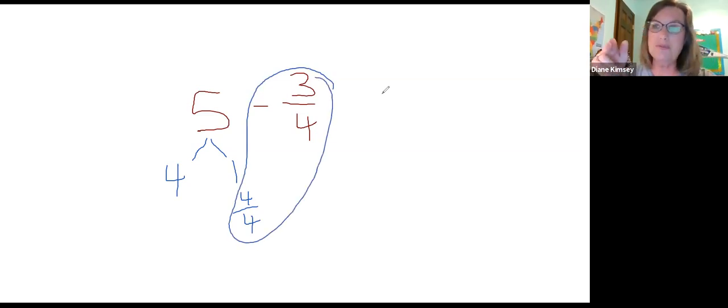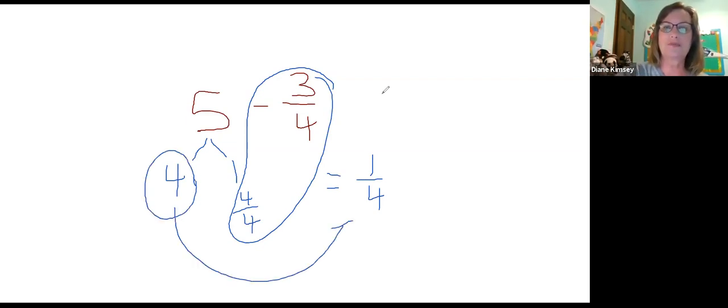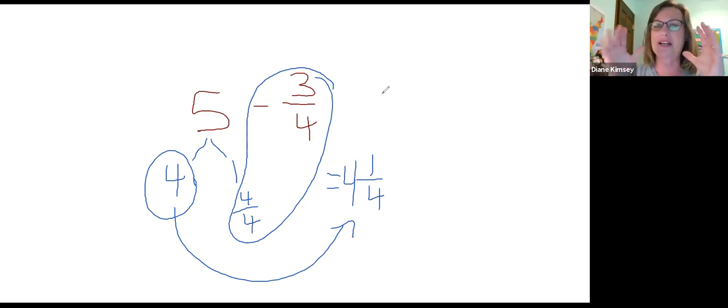So now 4/4 minus 3/4, that would give me 1/4. Excellent. What's over here that we've never touched? The 4 whole, okay? And so my answer is 4 whole and 1/4. The kids totally get this when you take it out like this. And it also helps instruct them that a fraction is less than 1.